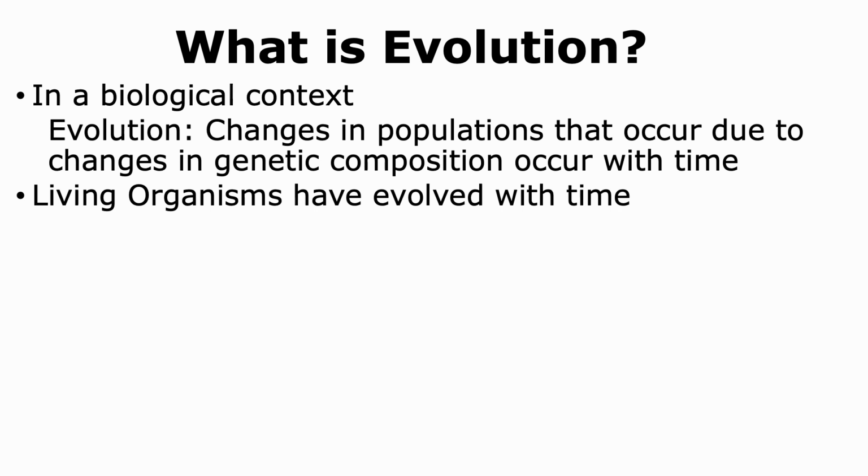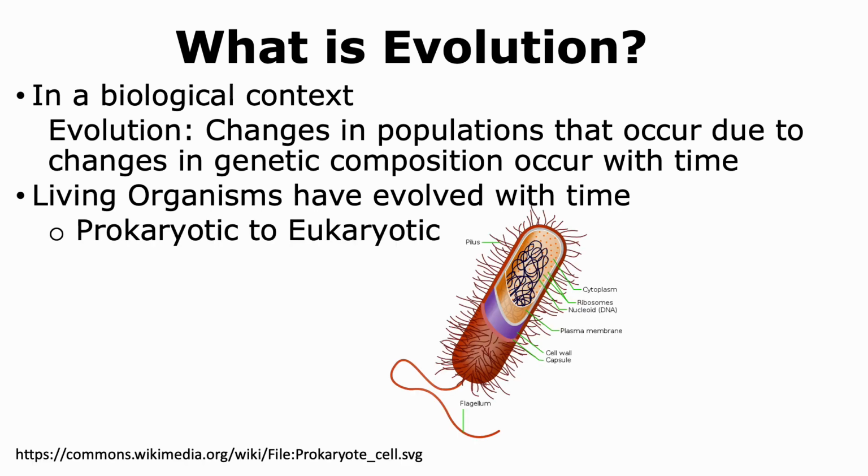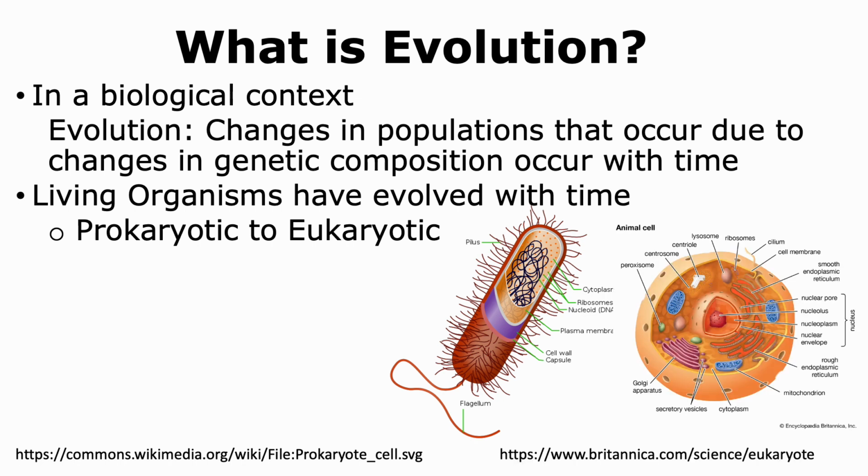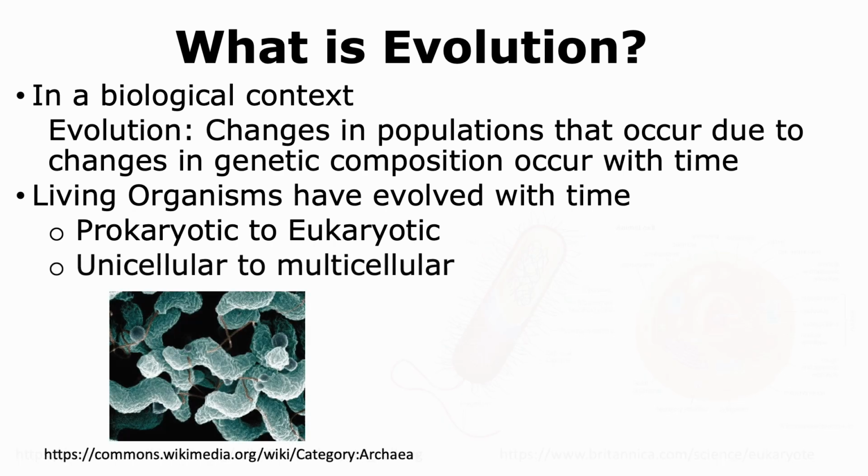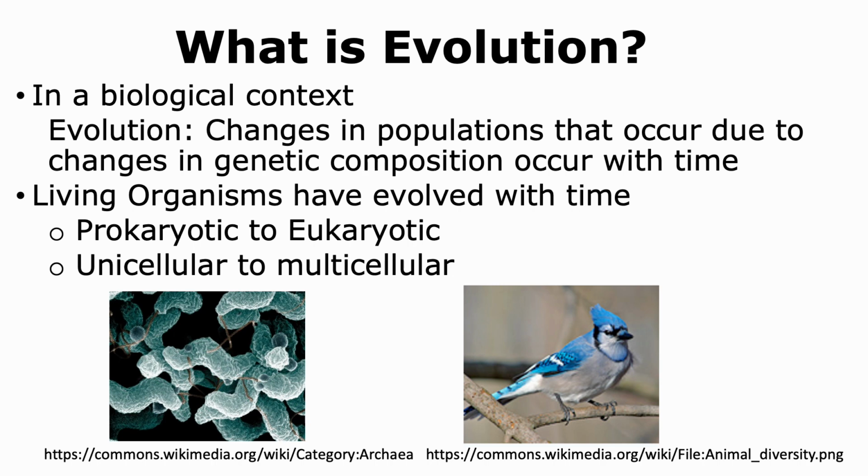For example, the first living organisms on Earth were prokaryotes, and they evolved to form more complex eukaryotic cells. Additionally, the first organisms were unicellular in nature and have evolved to form multicellular organisms that are more complex.